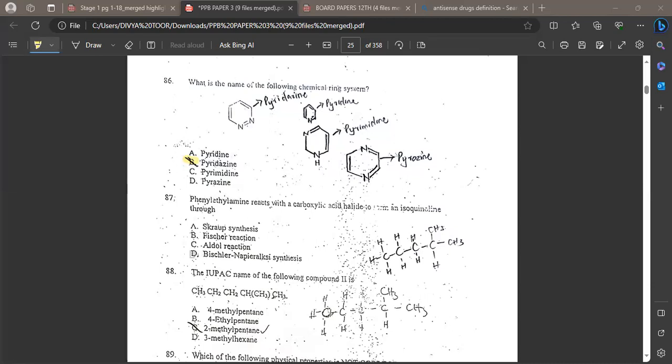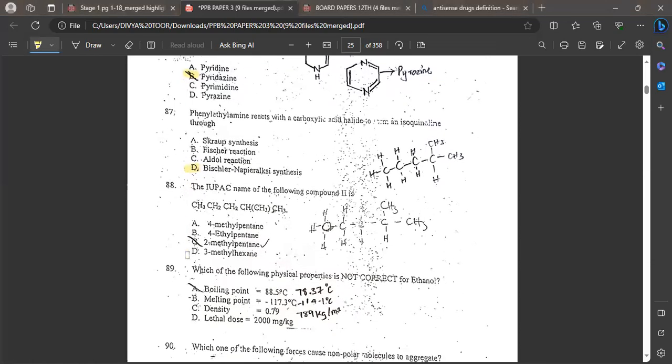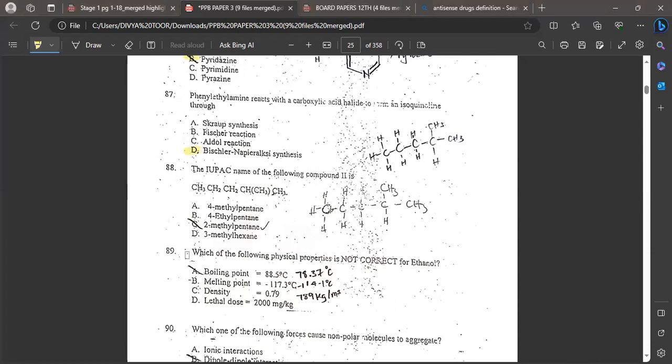Okay. The IUPAC name for the following compound is 2-methylpentane.